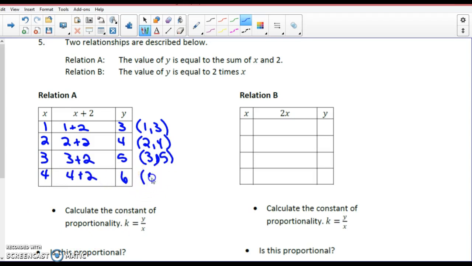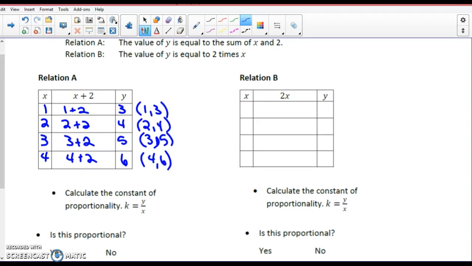Now, that's a function. We're talking about functions in chapter 5. Kids hear the word function and they start freaking out. A function is just a rule. You input something, you output something. Domain, range.